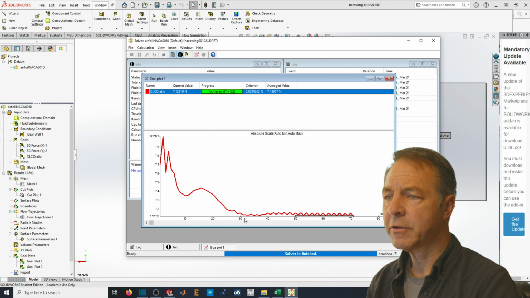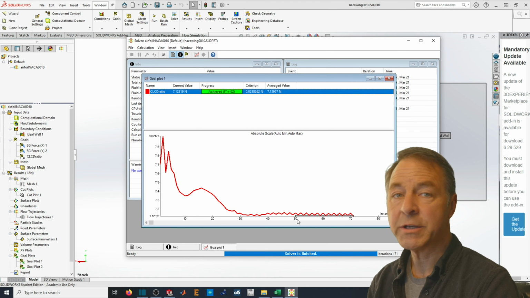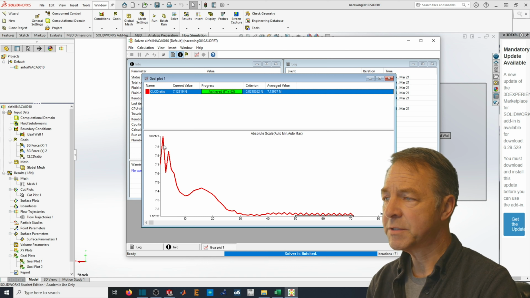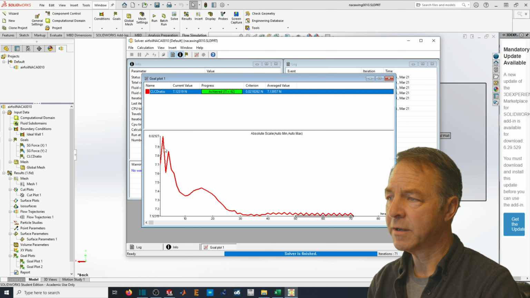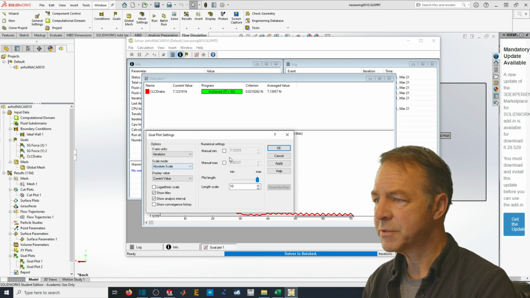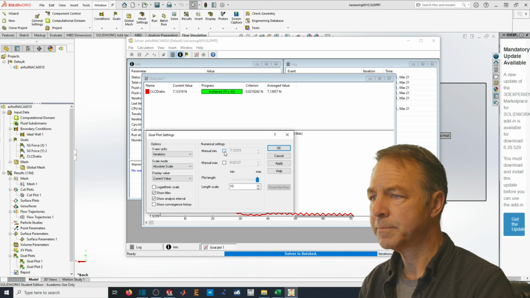And so the calculation is finished. Notice the hunting here of that ratio that we're looking to solve. It starts out relatively high, I suppose, although this scale is amplified because it picks an auto scale here. I'm going to set that to 0 actually.